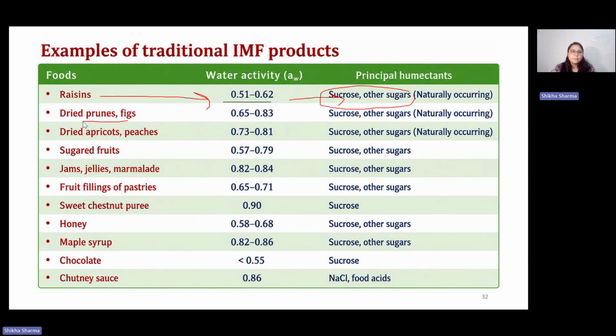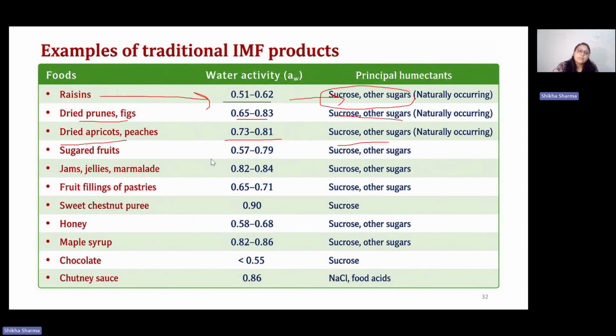Then dried prunes and figs have a water activity of 0.65 to 0.83, and they also have naturally present sugars or sucrose, which acts as a humectant. And then dried apricots or peaches, 0.73 to 0.81, also have naturally occurring sugars or sucrose as humectants.